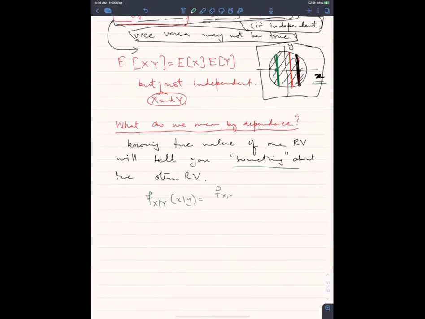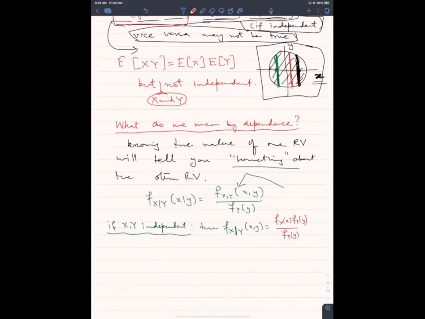By the way, f of x given y, we know that this is given by f_xy over f_y. If x and y are independent, then f of x given y would be equal to f_x f_y divided by f_y, which is nothing but f_x. The f_y in the numerator and denominator cancel.